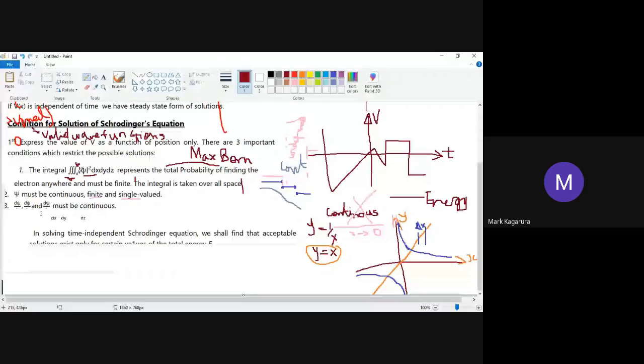But we put v because v encompasses negative infinity to positive infinity for x, negative infinity to positive infinity for y, and negative infinity to positive infinity for z. And so that is what we mean by all space. So if you integrate it throughout that volume, the integral should be finite.